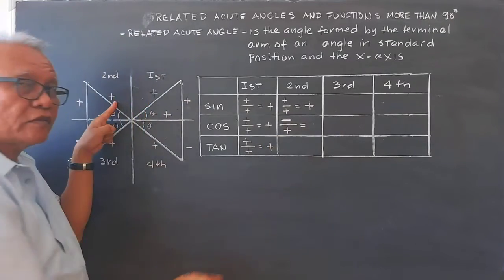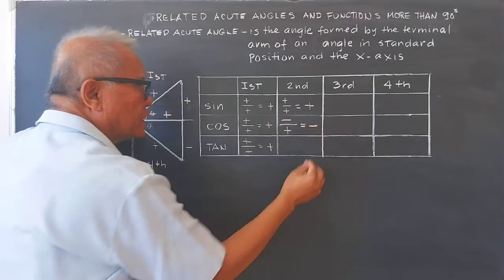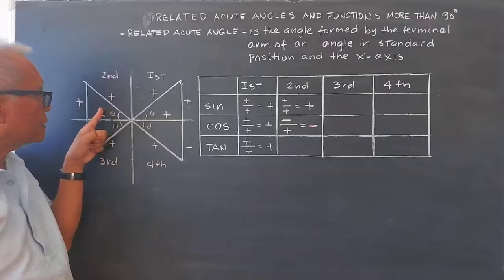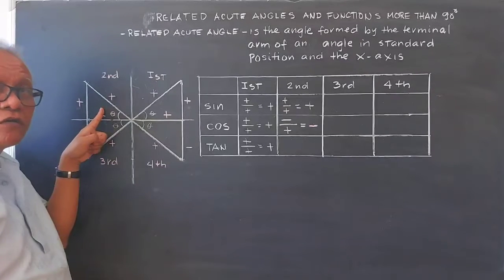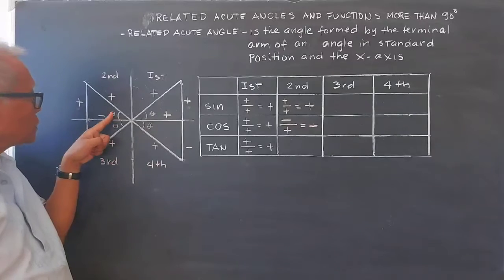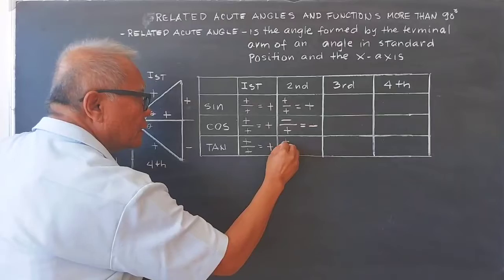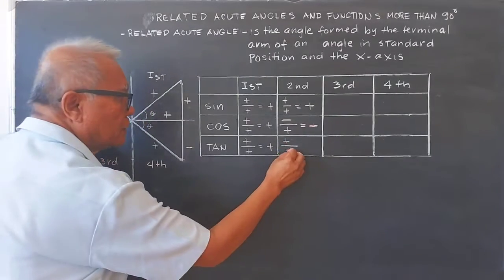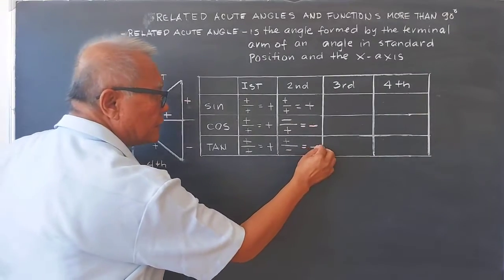Negative over positive in division, unlike signs, is negative. So our cosine in the second quadrant is negative. About tangent: tangent is opposite over adjacent. The opposite is positive over the adjacent, which is negative. So our tangent in the second quadrant is negative.